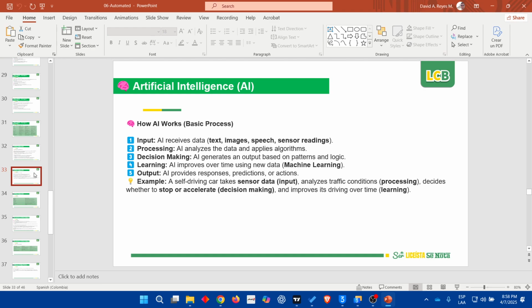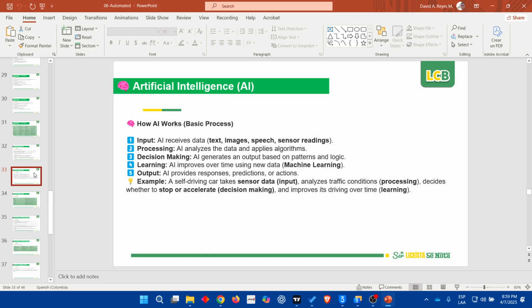So it's going to recognize your place and it's going to learn how to move across your apartment. You may say, okay, but the robot scans everything and all the information is stored in a database. Yes, that could be true.